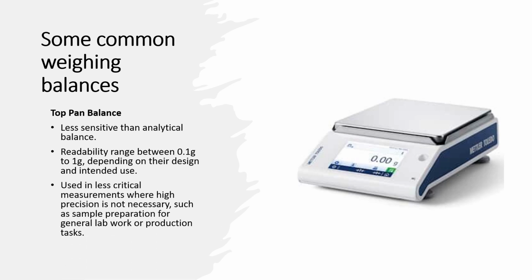Such balances are used in less critical measurements where high precision is not necessary, such as during sample preparation for general lab work or production tasks. A few examples of Mettler-Toledo balances are the XPR303S model or XPR303SN model, and normally the operating range for such balances is 1 gram to 500 gram.